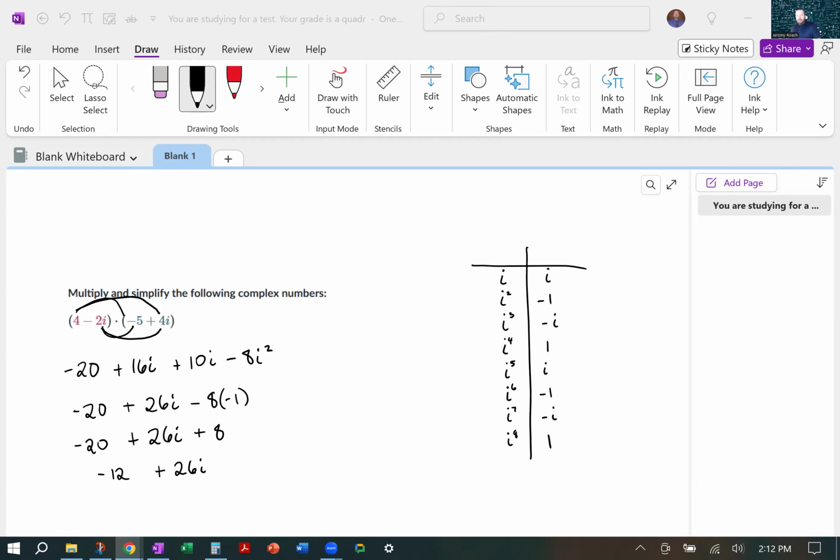Okay, and all of these should be in the same format. We shouldn't get anything greater than i squared, but if you ever do, it is possible, if they gave us powers greater than i to the power of 2, you could go back and look at your table for this if you needed to.